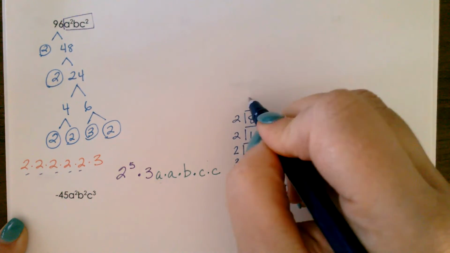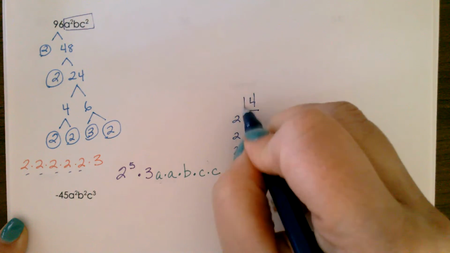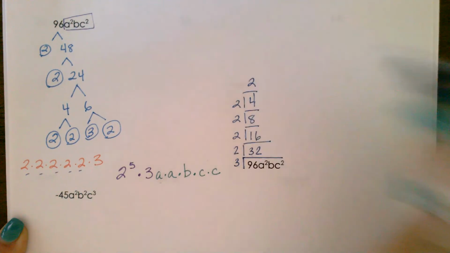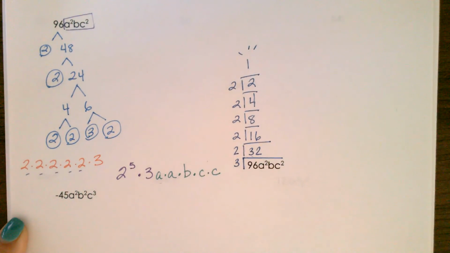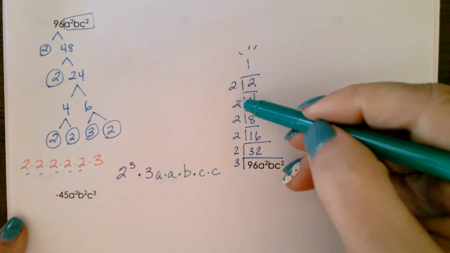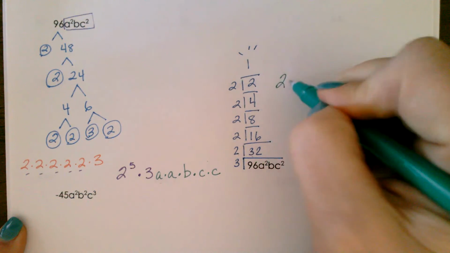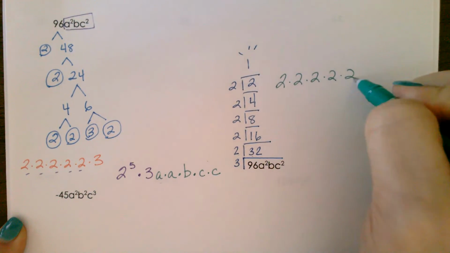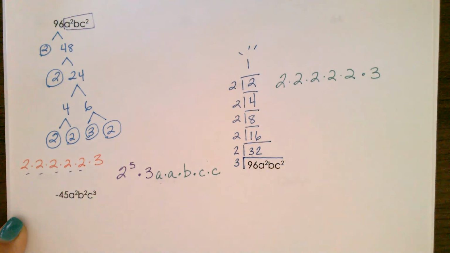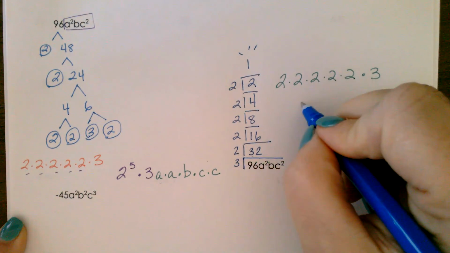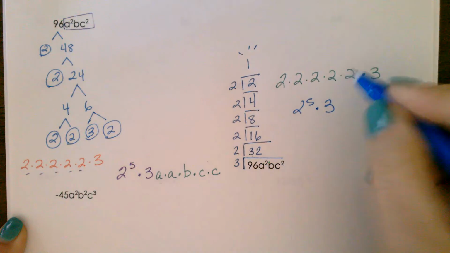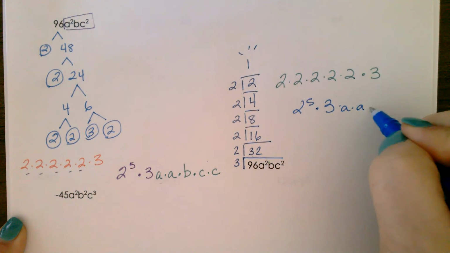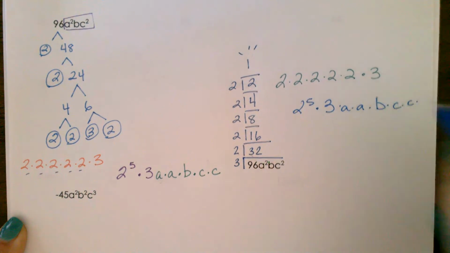Take out a 2, leaves me with 4. 4 is even. Take out a 2, leaves me with a 2. And I need one more 2 so that I can get to the birthday candle on the top. I count. I have 1, 2, 3, 4, 5 2s again, and 1 3. I will write this as 2 to the 5th times 3 because I had 5 of those, times A times A times B times C times C.